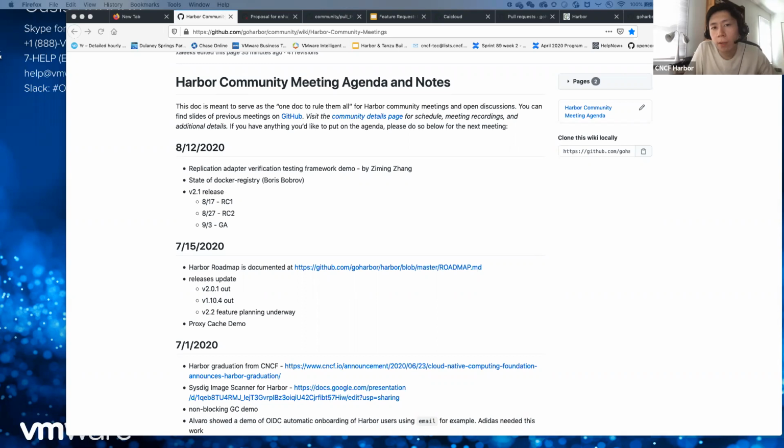Right. And I've heard that Justin Cormack, I'm not sure if he's involved with the distribution project itself, but he's on the TOC and CNCF TOB and fairly involved with the Docker side.